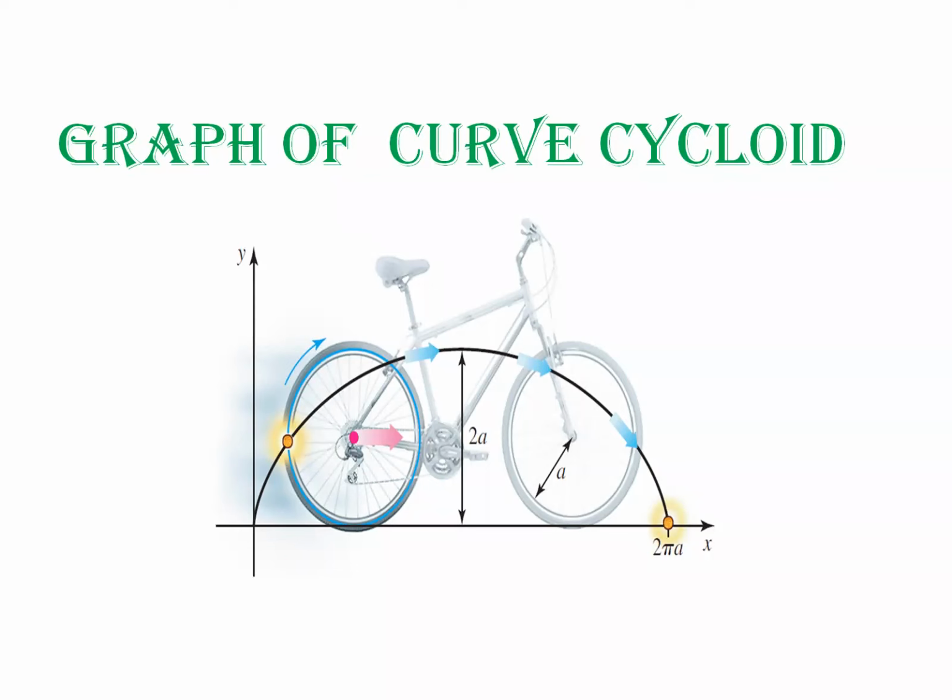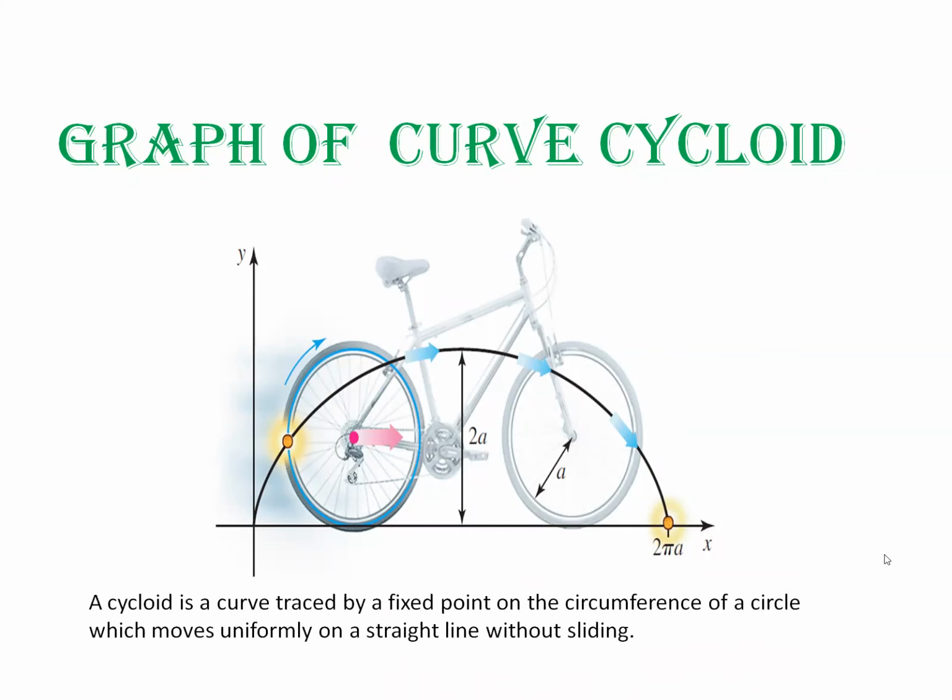A cycloid is a curve traced by a fixed point on the circumference of a circle which moves uniformly on a straight line without sliding. And we are taking just the upper part of that curve. The complete circle is there, but we are taking just the semicircle. Okay.